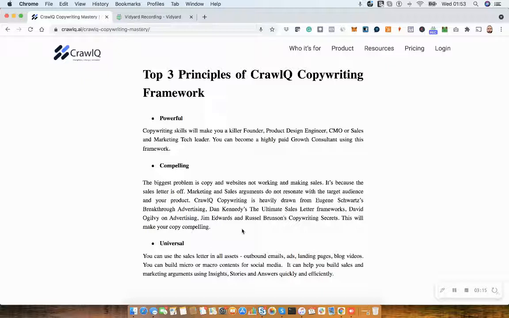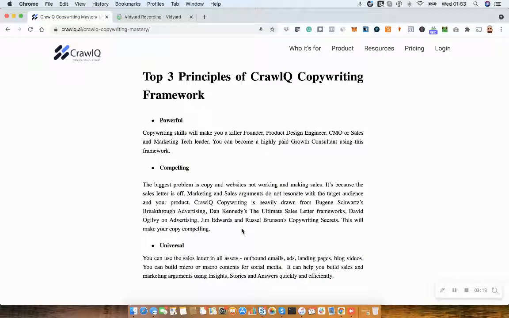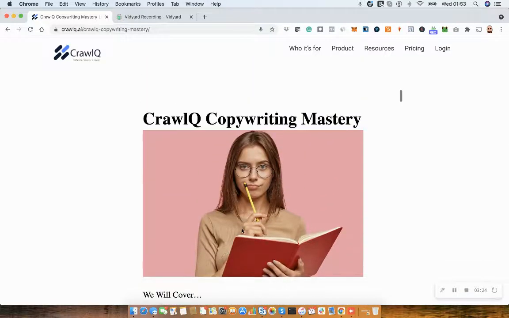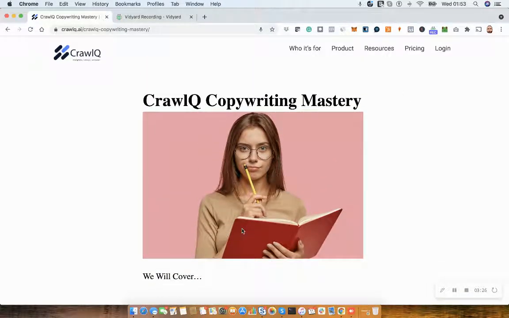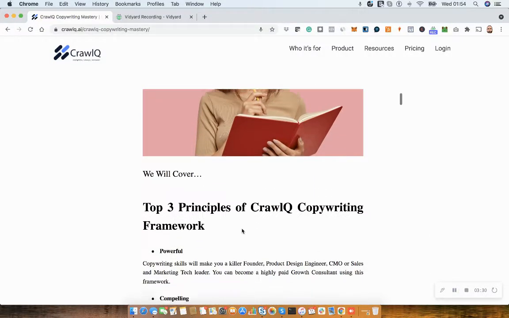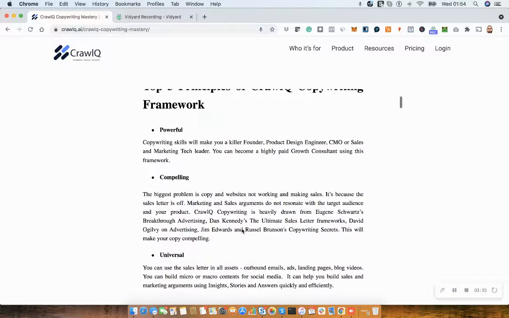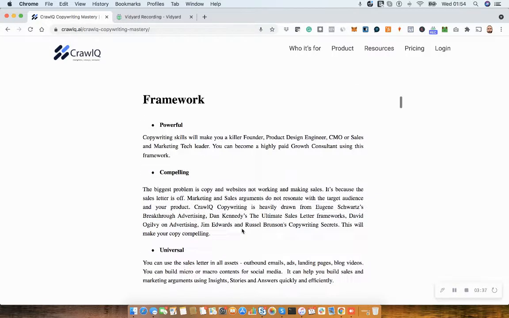So this is really key to understand, and we are going to cover this framework in quite some detail. Most importantly, understand that CrawlQ is not just AI software; it is also powered by one of the most robust, compelling and universal frameworks, assembled from the golden sources.